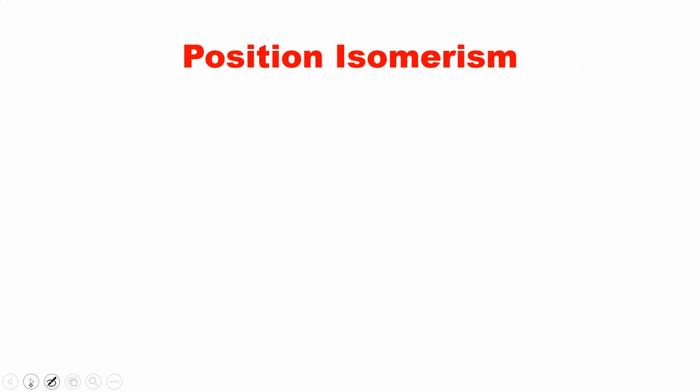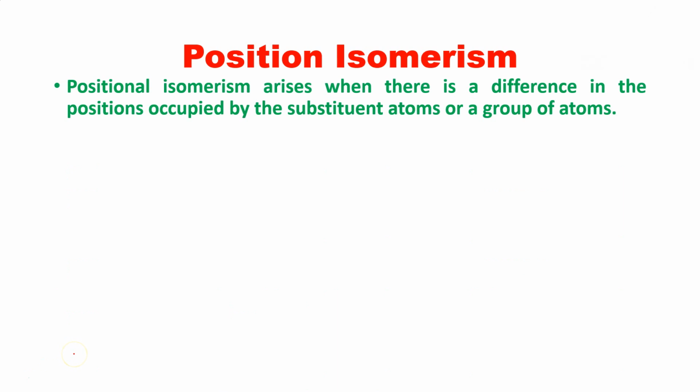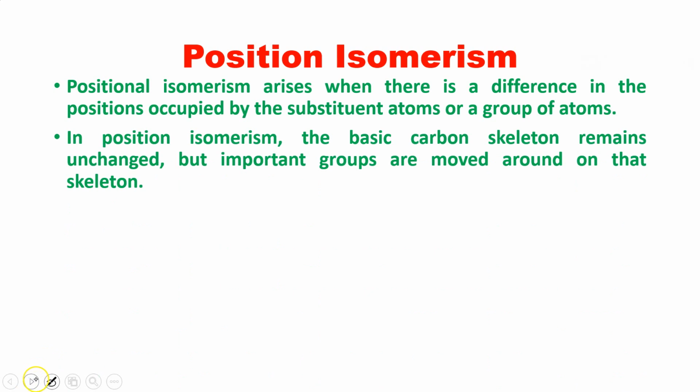After that, positional isomerism. Positional isomerism arises when there is a difference in the position occupied by a substituent atom or group of atoms. Here there might be a substitution other than carbon. In chain isomerism we have seen only carbon, but here there can be a different substituent, a different element.